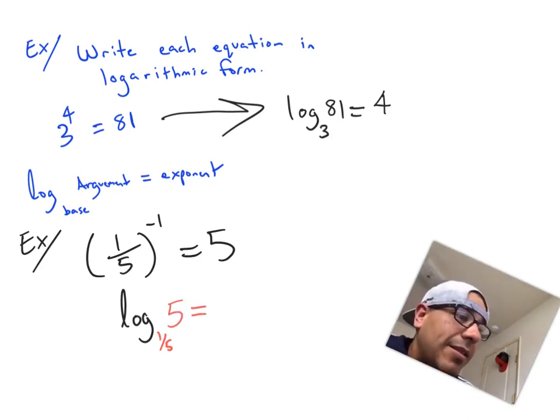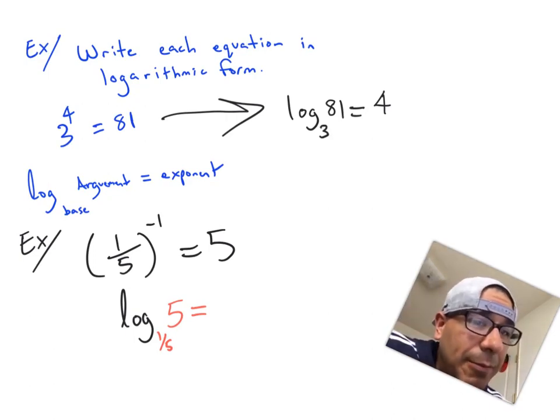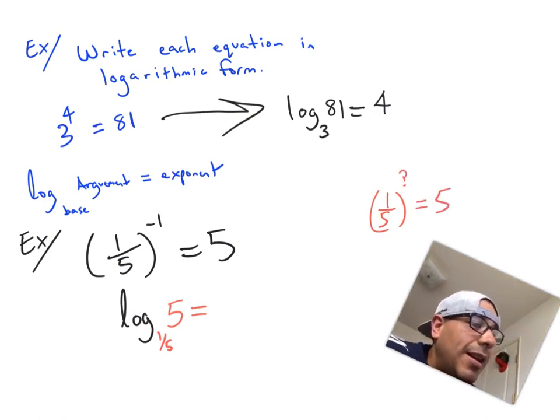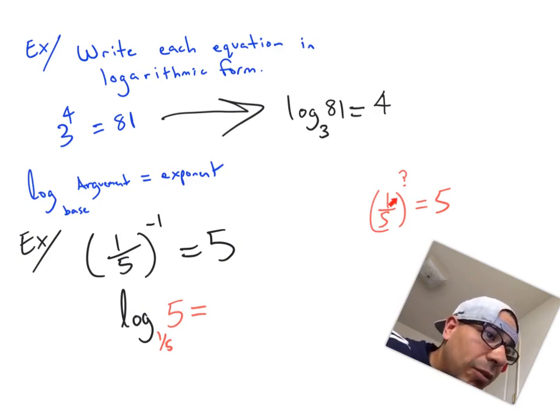Now I'm asking you the question: 1/5 raised to what power gives me 5? Let me write this off to the side so we can see. In order to get this 5 moved to the top, because these are reciprocals of each other, my exponent needs to be negative.